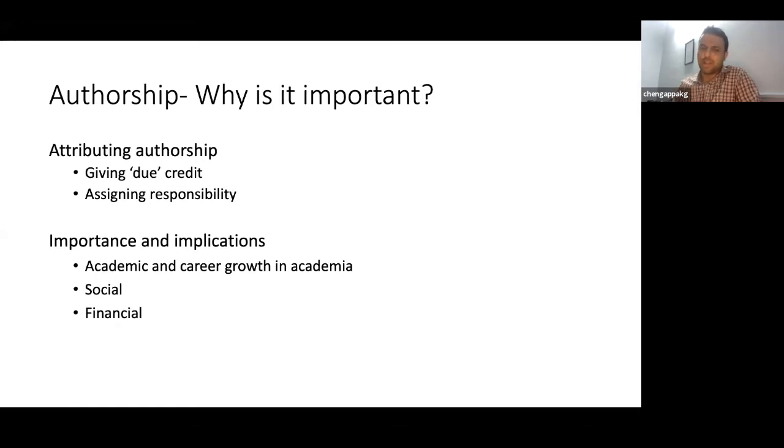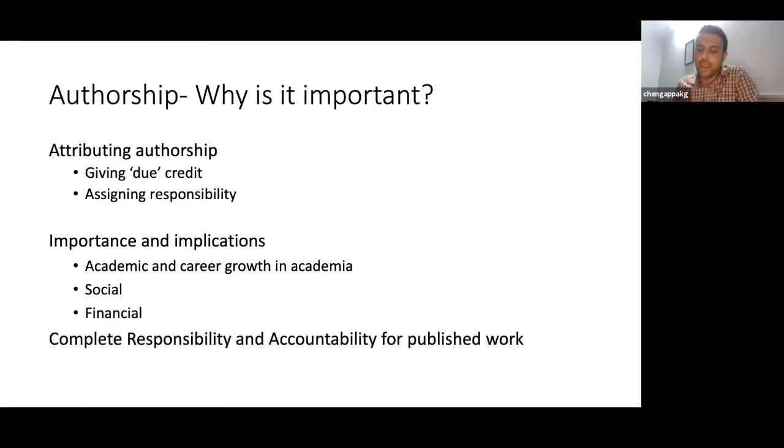Then financial, especially when you have done some work and you have been given credit as an author, you can extend the work by applying for grants, by applying for sponsorship elsewhere. Only if you have a backup of something that is reflected in your authorship credentials will you be able to do all these things and get these aids. So to make it short, authorship is important because it gives accountability for the published work, as well as it gives credit to the person who has done it.